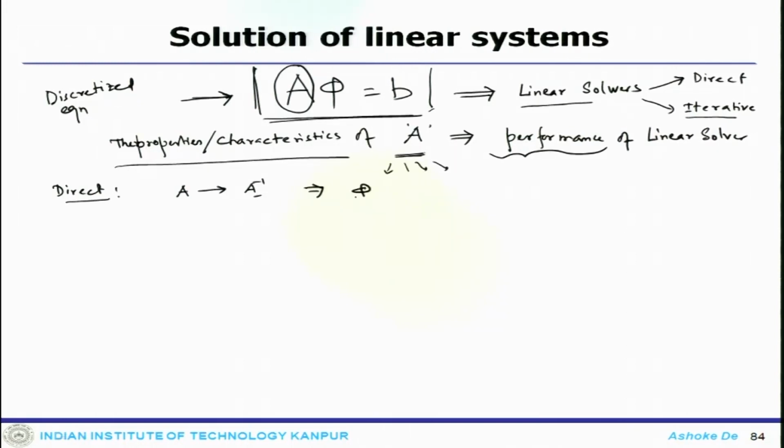The issue associated with this direct approach is that for a large system there is a restriction. If A is too large for the problem of interest, then this is going to be computationally expensive, and the requirement of memory and other things is going to increase exponentially.